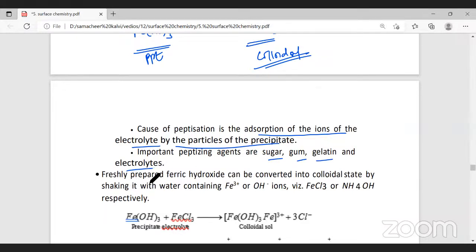For example, a freshly prepared ferric hydroxide can be converted into a colloidal state by shaking it with water containing Fe3+, namely FeCl3, or ammonium hydroxide respectively. So ferric hydroxide precipitate, when shaken with ferric chloride, gives a ferric hydroxide colloidal solution.